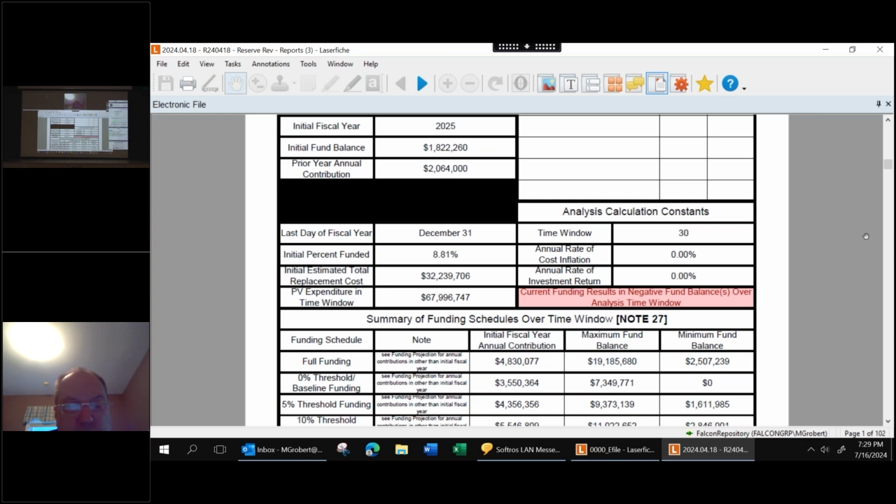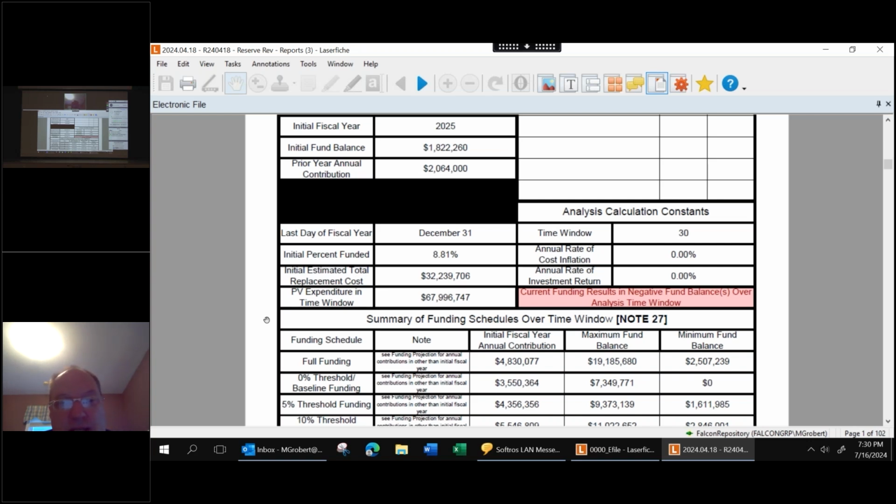So we're required by GAAP standards and reserve standards to provide what your expenditure would be over the 30-year time window. I don't know if you can see my pointer, your 30-year time window here. At today's cost, present values would be 67 million over 30 years.